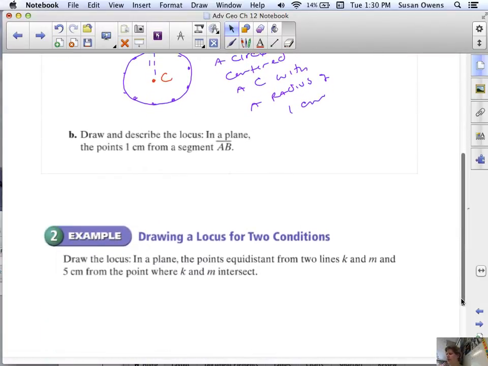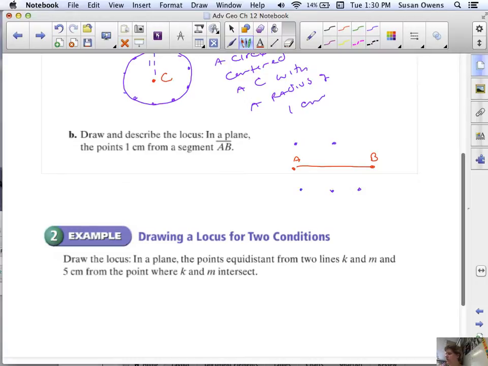Okay, the second one is, in a plane, the points 1 centimeter from a segment AB. So let me draw a segment AB. And 1 centimeter away, so this would be 1 centimeter away, 1 centimeter away. We'd also have points down here 1 centimeter away. And then also, right here on the sides, you can see that what we're going to get is some pretty straight segments that are parallel to AB and 1 centimeter away.